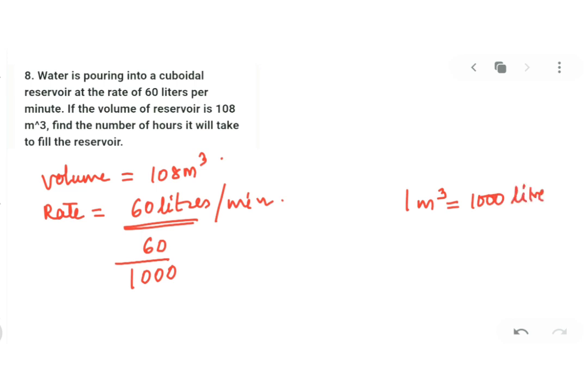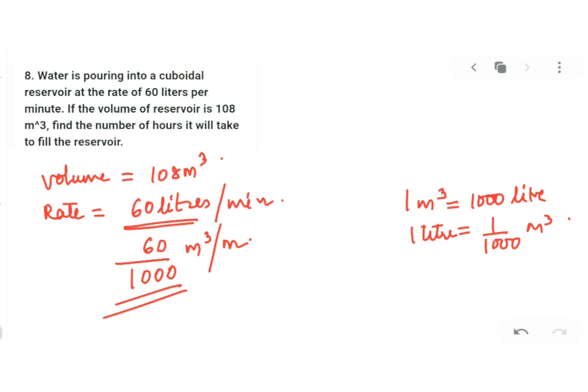Perfect. So 1 liter will be equal to 1 upon 1000 meter cube. So I have converted this into meter cube. So I got 60 upon 1000 meter cube per minute. So that's the rate, how fast the water is coming and going into the reservoir. It's a cuboidal reservoir. Okay, let's see what further we can do here.